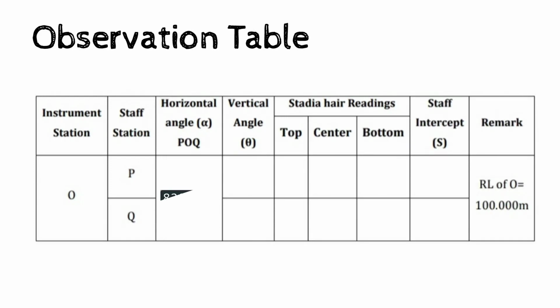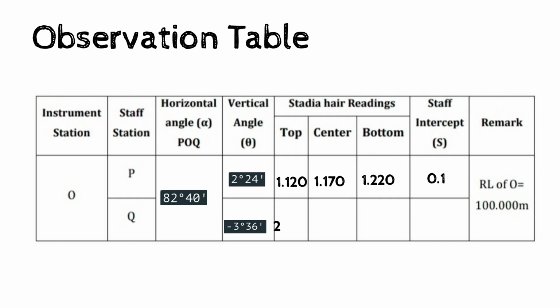Suppose alpha is 82 degrees 40 minutes, the vertical angle at P is 2 degrees 24 minutes, the vertical angle at Q is minus 3 degrees 36 minutes, and the stadia readings at P and Q are as shown in the figures. From this we have calculated the staff intercept as well.